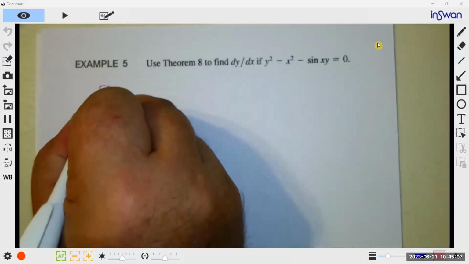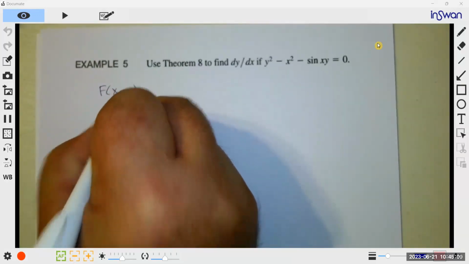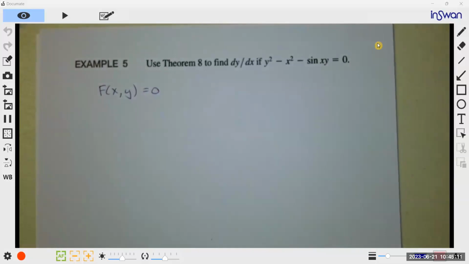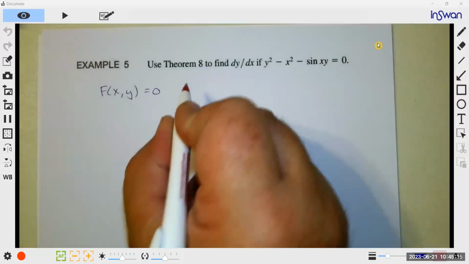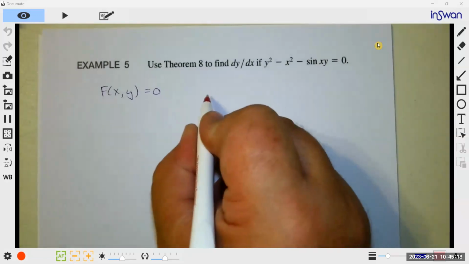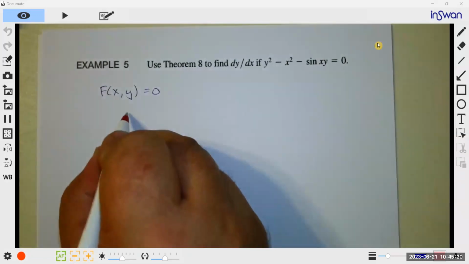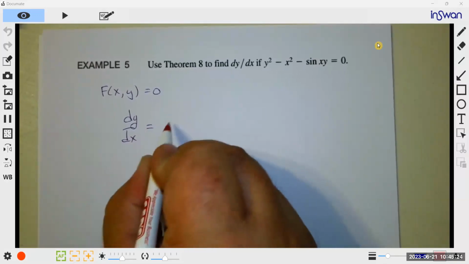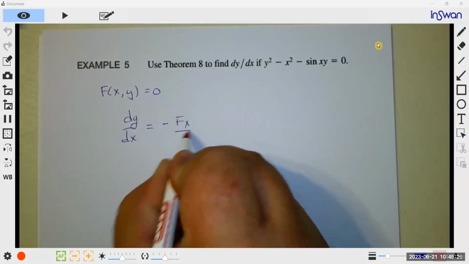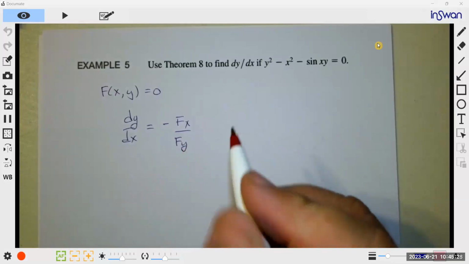Remember saying that f of x, y equals 0. So using theorem 8 to find dy/dx, we find negative f of x over f of y.